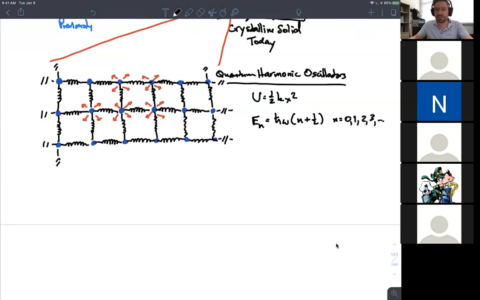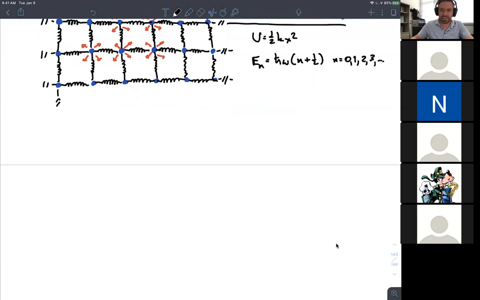So that's how the atoms and the molecules in this crystalline solid behave. They behave like quantum harmonic oscillators that have these available energy levels. And we've got a crap load of them, because it's a big solid. That suggests we ought to apply some statistical mechanics to figure out how this crystalline solid is going to behave.